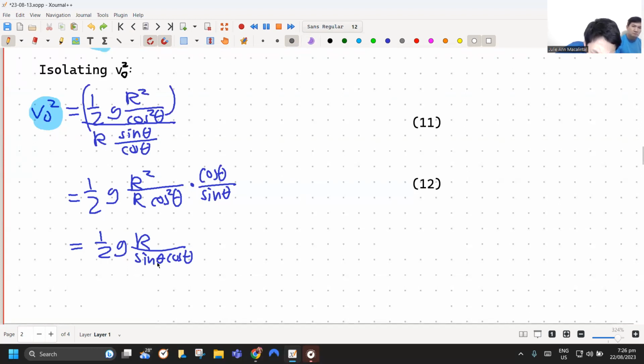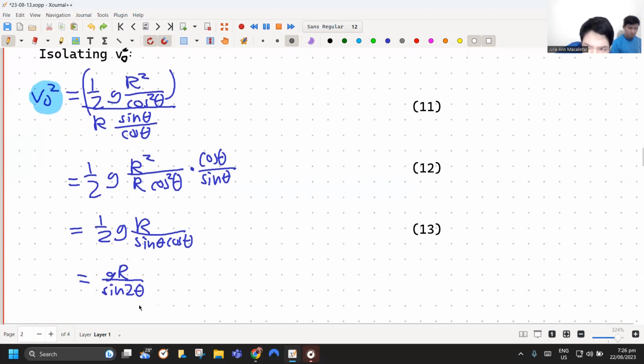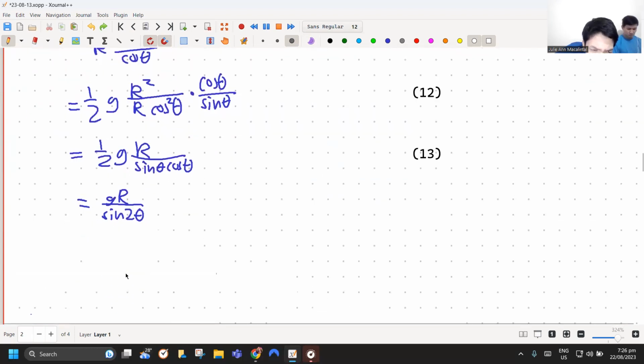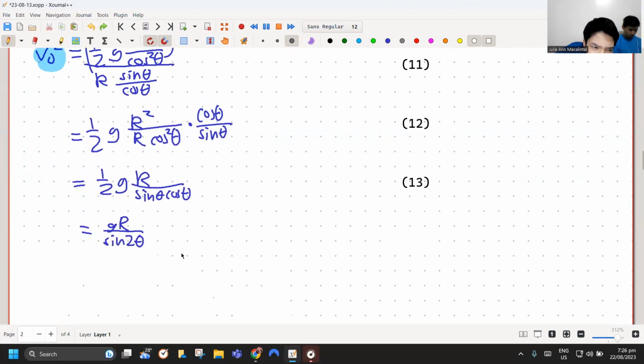So 2 sine theta cosine theta is going to be sine 2 theta. So we know what's going to happen, GR over sine 2 theta, nice. So we use the double angle formula. Now we have a much cleaner formula for V0 squared.